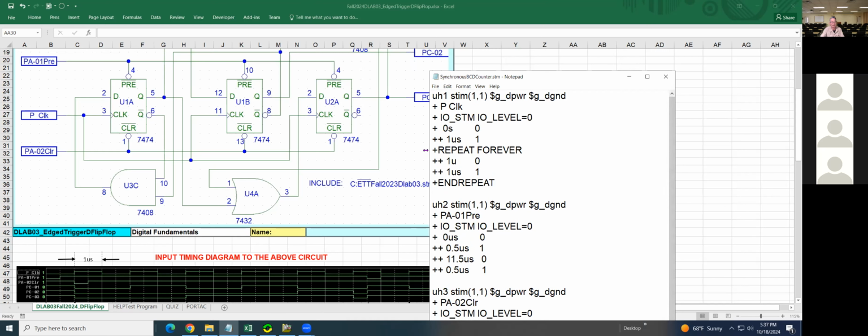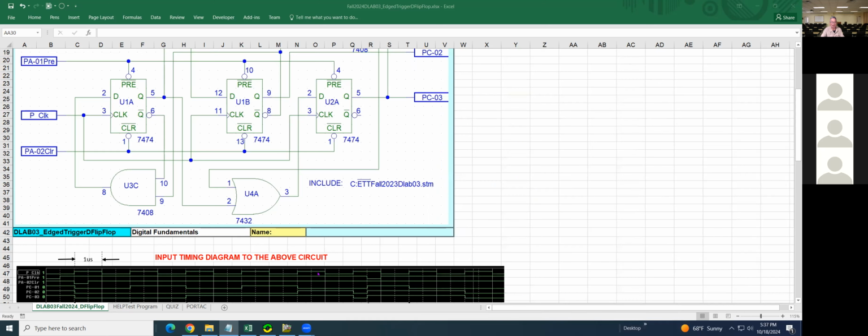Okay. So copy and change as much as you can if you understand the timing. Okay, any question about when you try to edit the include file here?